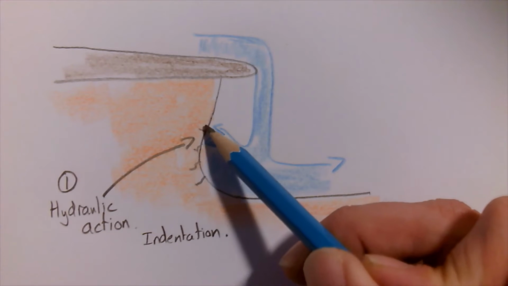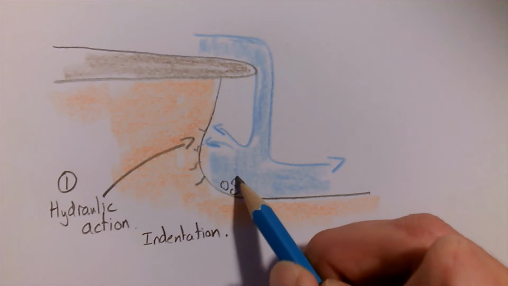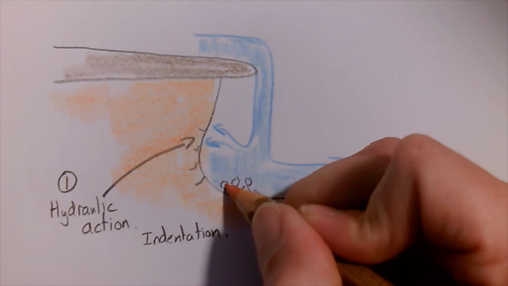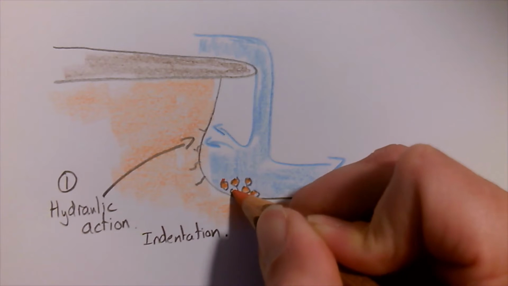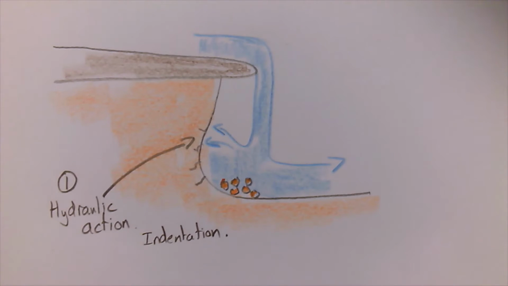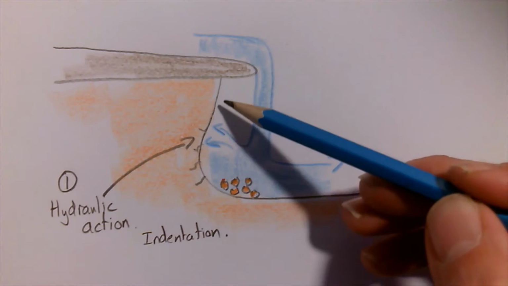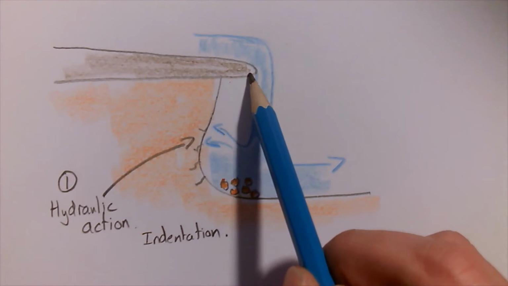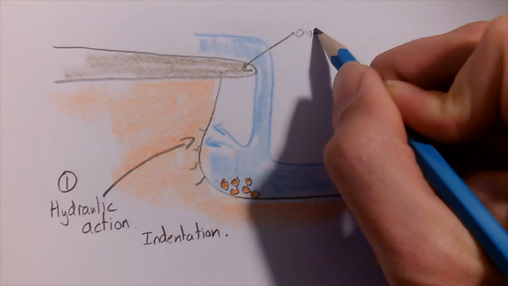So the hydraulic action weakens the soft rock and small fragments of the soft rock break off and collect at the bottom of the waterfall. Now that the soft rock has been eroded and pushed back, it leaves an overhang of the harder rock.